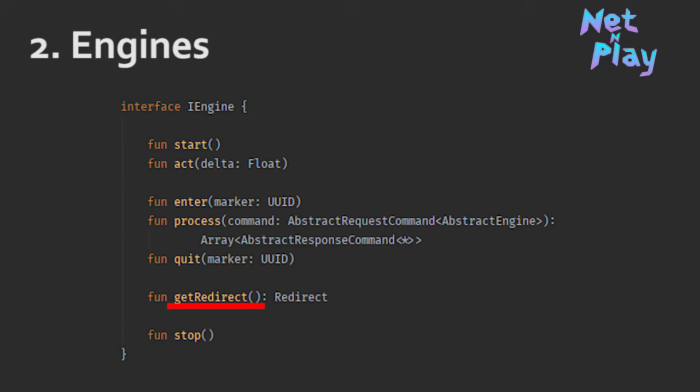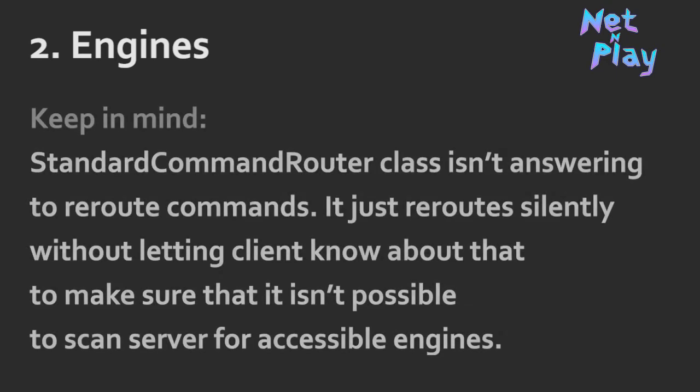It can be called from your command's execute method if you want to change the engine. Keep in mind, the standard server realization will reroute you silently without responding in any way, to disallow scanning for the engines that an attacker can access. This is a sort of security through obscurity. But if you want, you can create your own server classes which will respond to reroute requests.